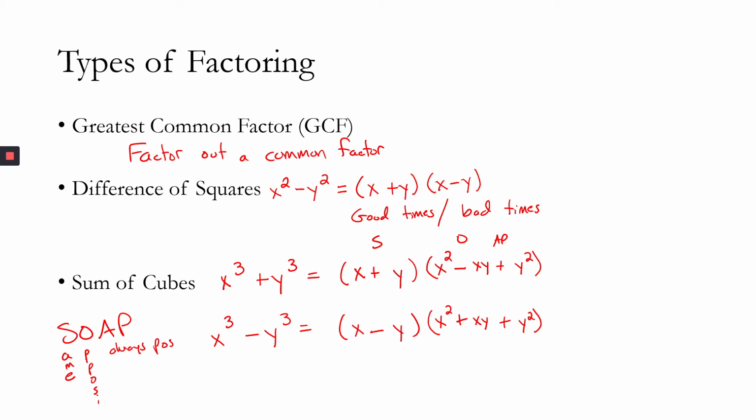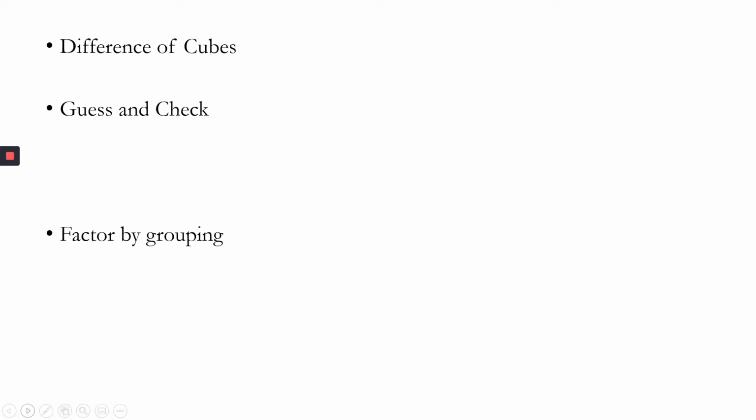Now, these 3 types of factoring are sort of special cases. So if you get a problem that fits into one of these, we're going to go ahead and use one of these methods. Now, if it doesn't fit, we're going to end up just having to guess and check. So with guessing and checking, if a, and remember, this is when we're looking at something like ax squared plus bx plus c. That's what I'm talking about with the a, b, and c.